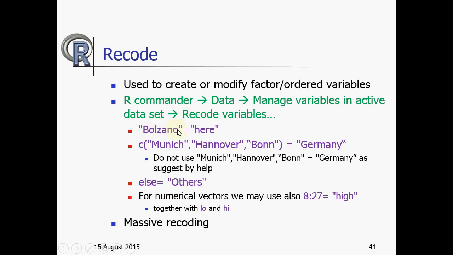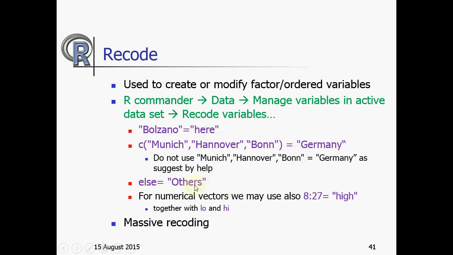You want to change Bolzano to here. You want to change Munich, Hanover, and Bonn to Germany. And you want to change everything else to others. So you are regrouping your nominal variable. Your nominal variable maybe has 200 cases because each subject writes their own city. In this way, you regroup it to 3 cases: here, Germany, others.